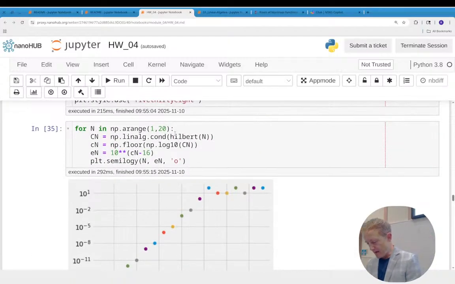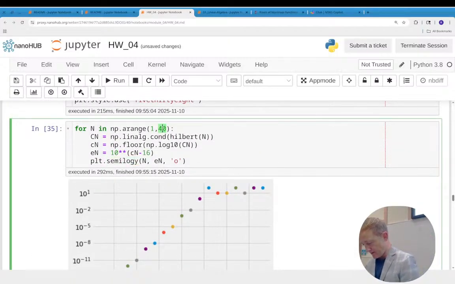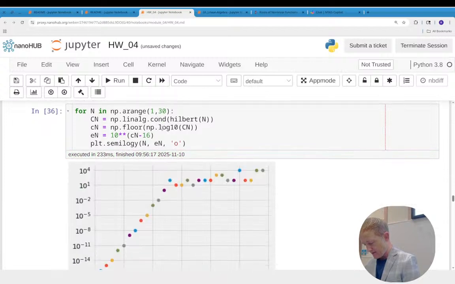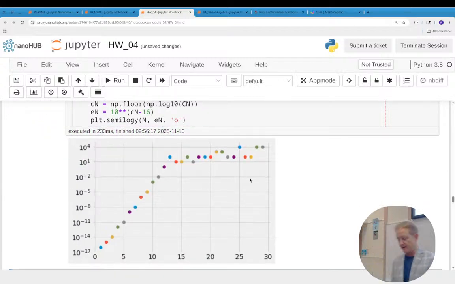And even if we made it bigger, even if we go out to like 30, it's going to keep bouncing around there. Do you know why it's doing this? Because the numbers are so small. Yeah, so it definitely has to do with the fact that numbers are getting so small.